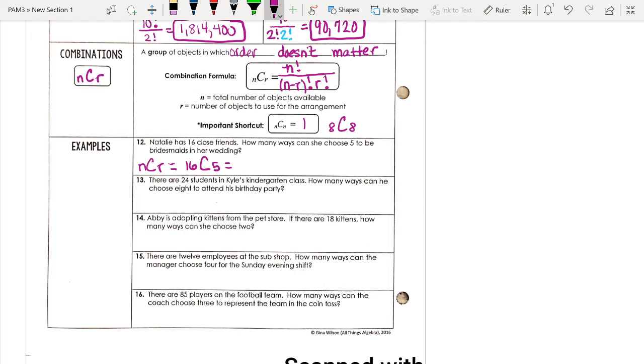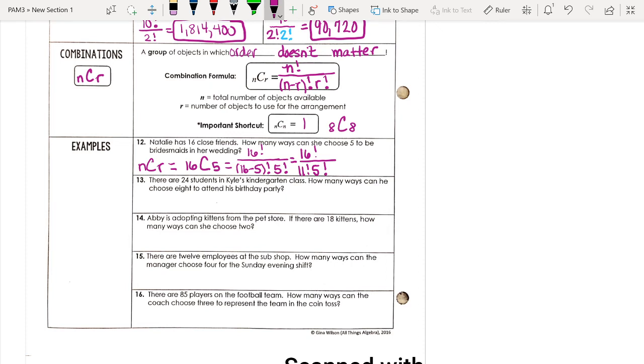We're going to have to figure out 16 factorial over 16 minus 5 factorial. And we're going to have to do an additional R factorial, so an additional 5 factorial. Let me go ahead and simplify this: 16 factorial over 11 factorial, 5 factorial.